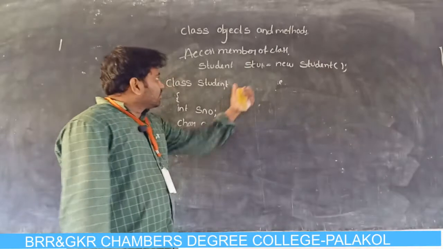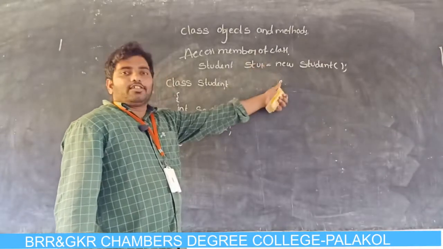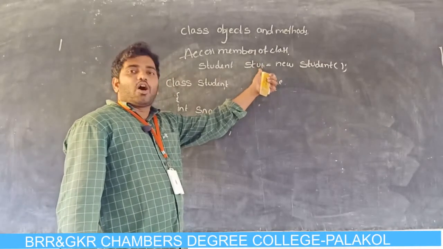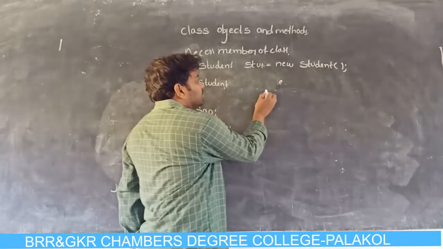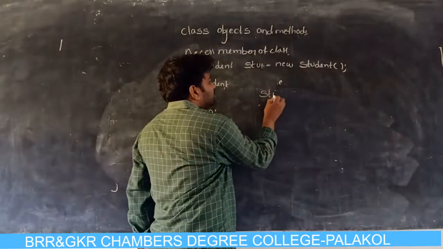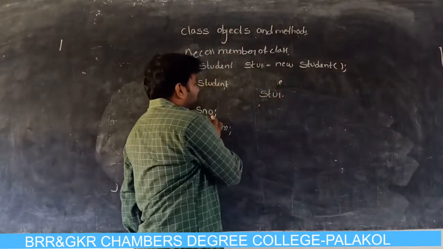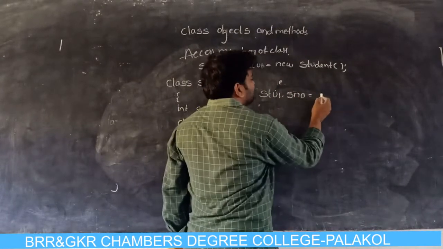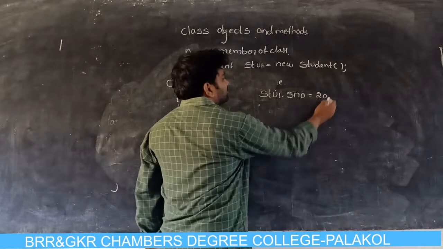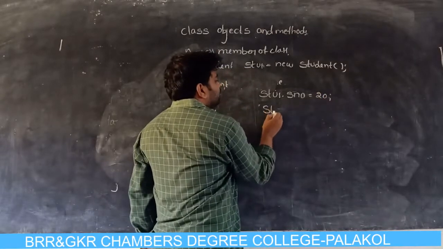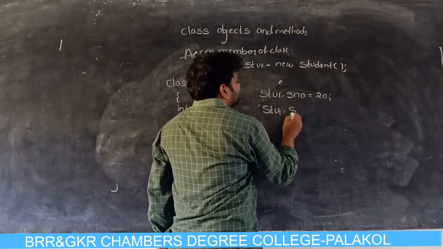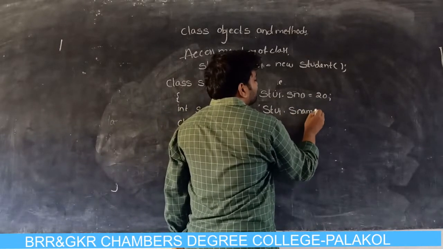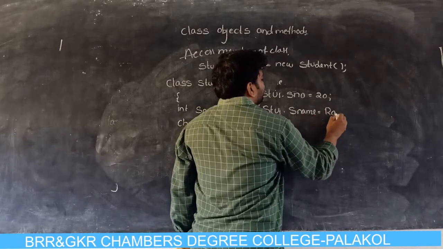How to access the values using the object? stu1 dot the variable s number is equal to 20, stu1 dot s name is equal to ram.